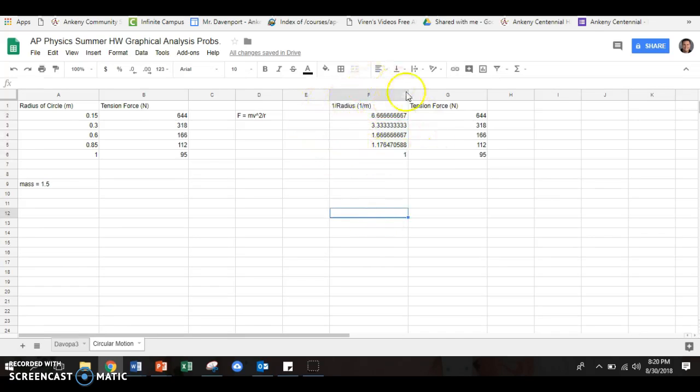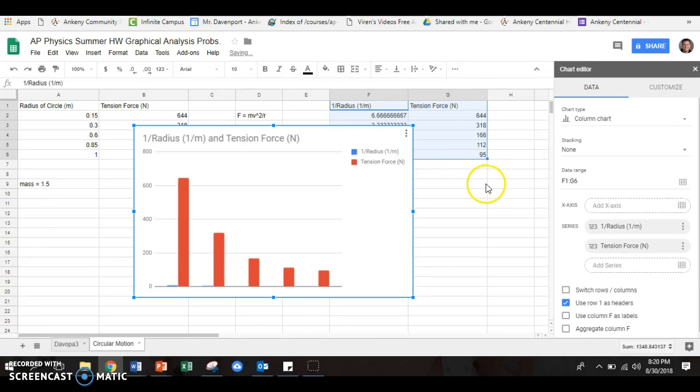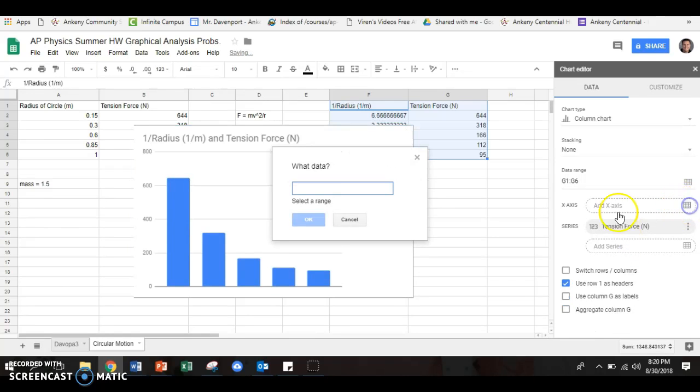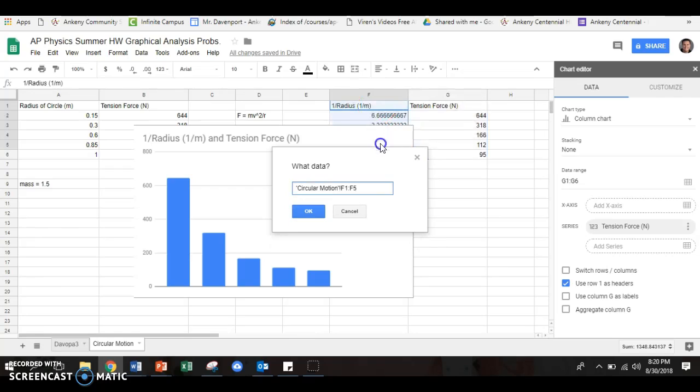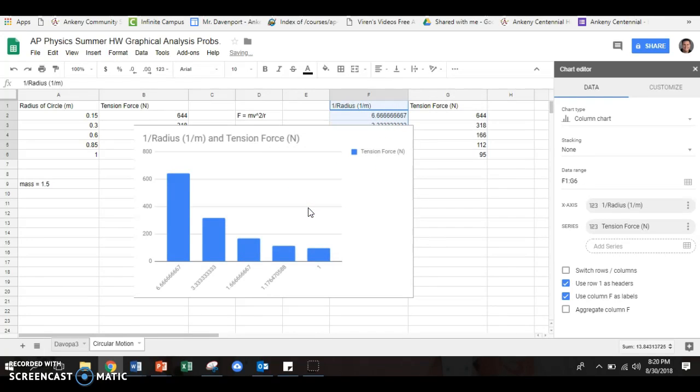Now that we have this created, we can insert the chart. Once again, it's doing that thing. It's kind of annoying, so we will remove that. We will add the x-axis. Hopefully yours doesn't do that to you when you are working on it.